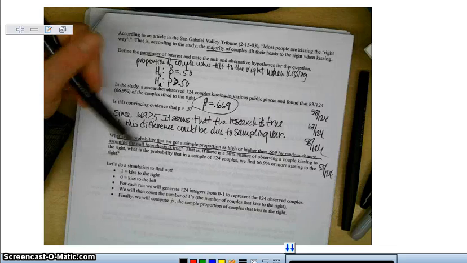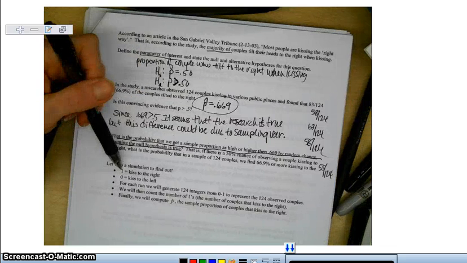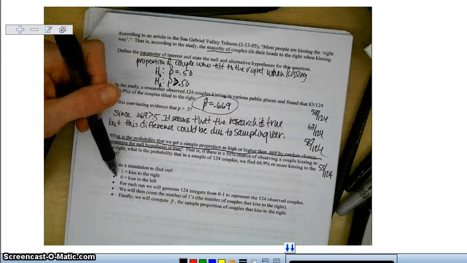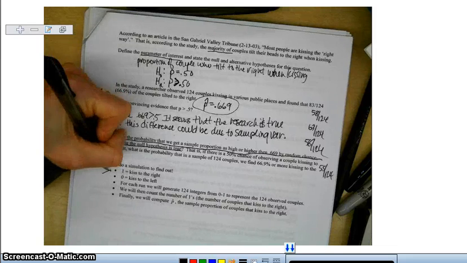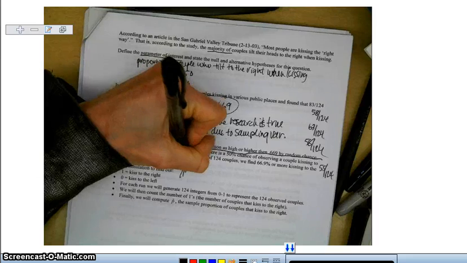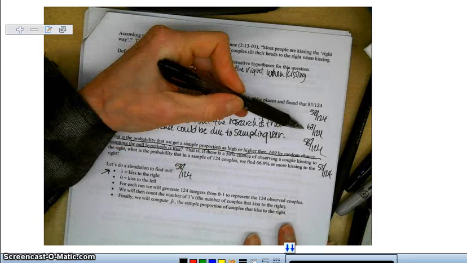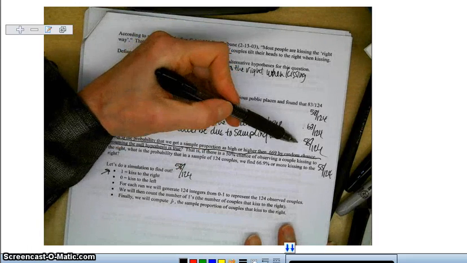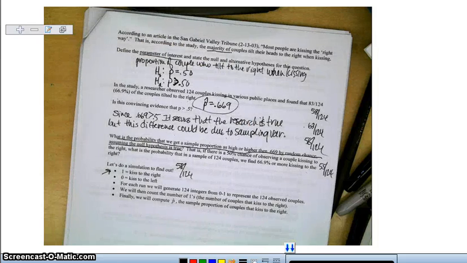I actually did a simulation, and I let 0 equal kiss to the right and 1 equal kiss to the left, and what I'm caring about is the kissing to the right. So I did 4 samples, and I got 63 out of 124, 58 out of 124, and 55 out of 124.